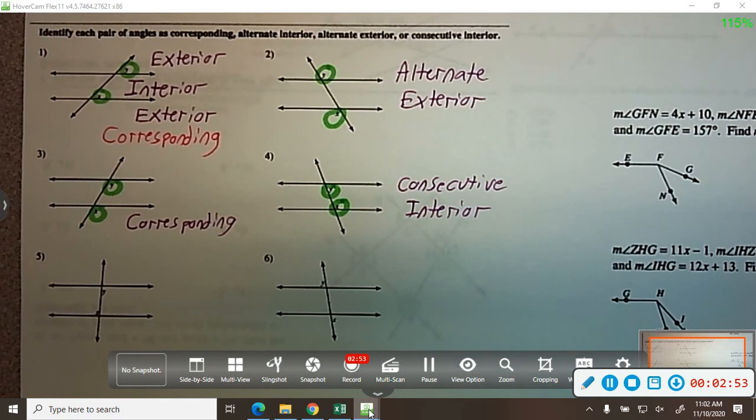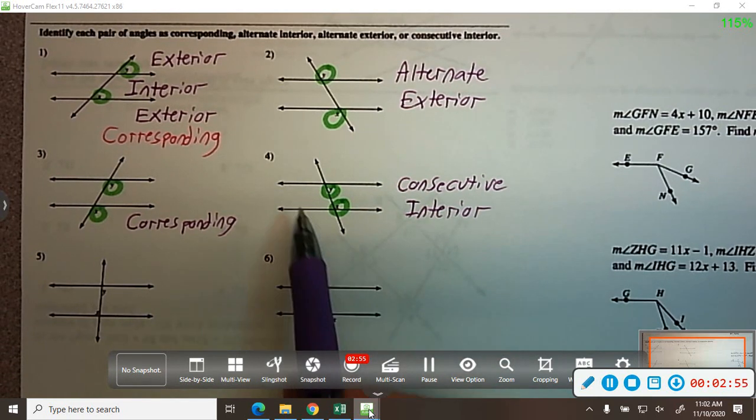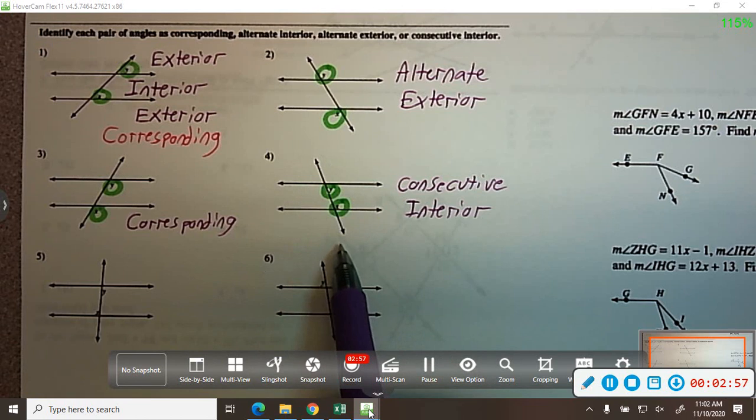And the consecutive interior angles theorem says if a transversal intersects two parallel lines, then the interior angles on the same side are supplementary. So X plus Y equals 180.